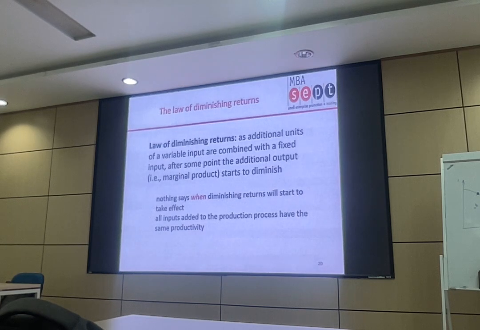Note that nothing says when diminishing returns will start to take effect, and all inputs added to the production process are assumed to have the same productivity. You see that the law of diminishing returns does not say that if we add more input, the total output decreases.